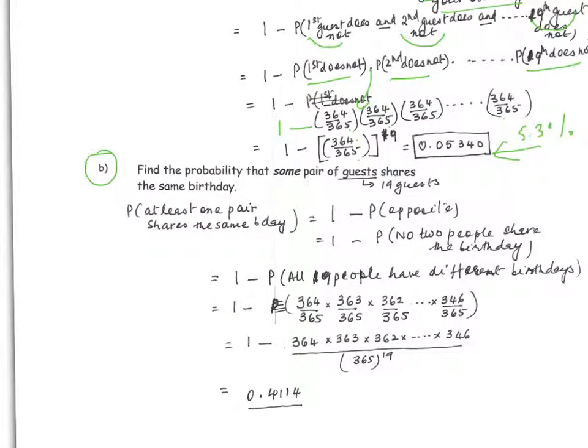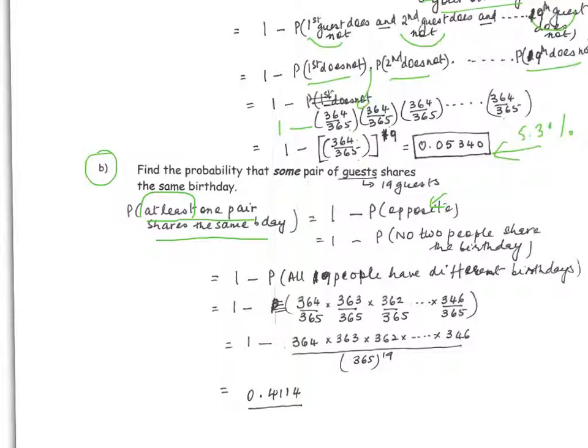Now next, we still have the same 19 guests. What is the probability that some pair of guests shares the same birthday? That is the same as saying at least one pair shares the same birthday. Now, the minute we use at least, that should remind us of the at least rule. That is equal to 1 minus the probability that the opposite happens, the opposite of at least one pair sharing the same birthday.